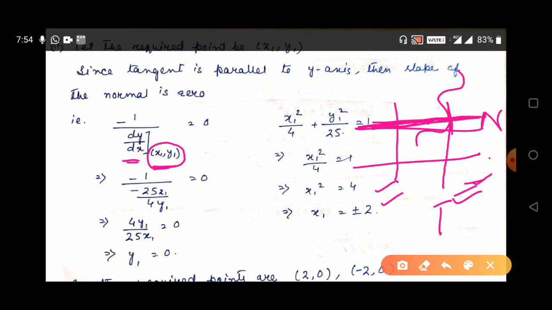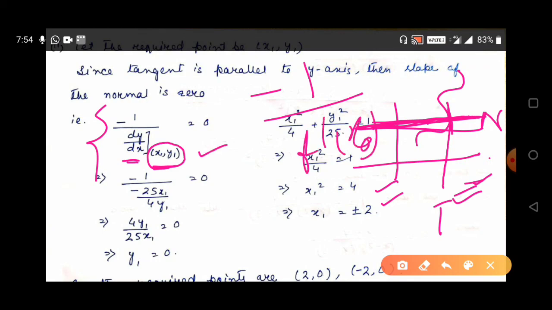Now if suppose I am drawing a curve and the tangent is parallel to y-axis, then the normal at the point will be parallel to x-axis. If the normal is parallel to x-axis, then the angle between normal and x-axis is 0. If the angle is 0, then the slope of the normal will be 0. Slope of the normal can be written in this way, because we know slope of the normal is minus 1 by f dash x naught. In place of f dash x naught we can write like this.